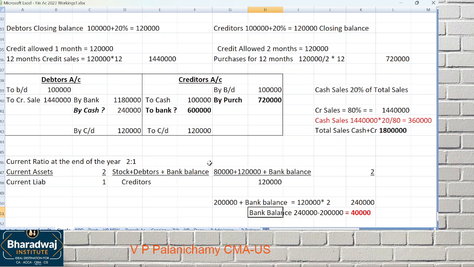If you want, you can prepare bank account, cash account separately or in a columnar format also. Anything is fine.